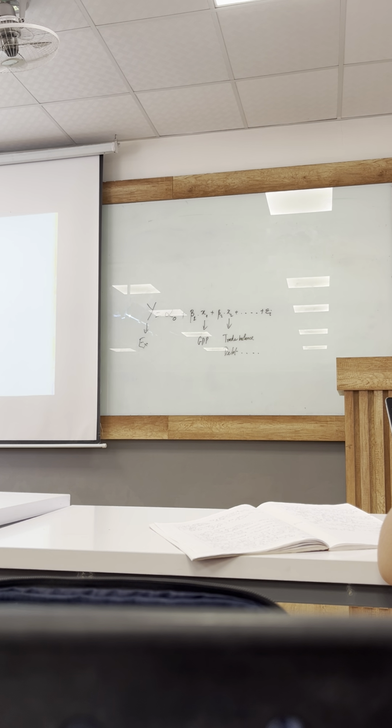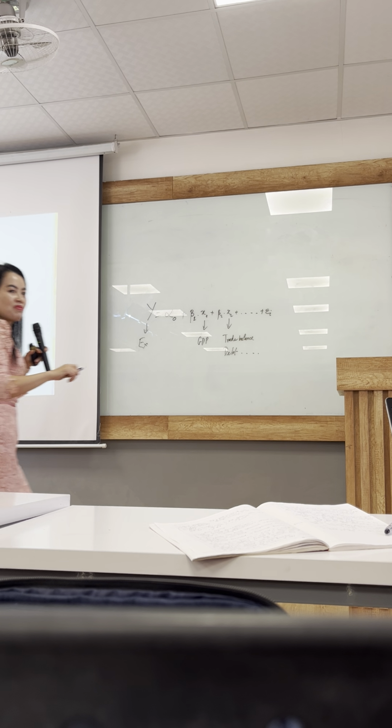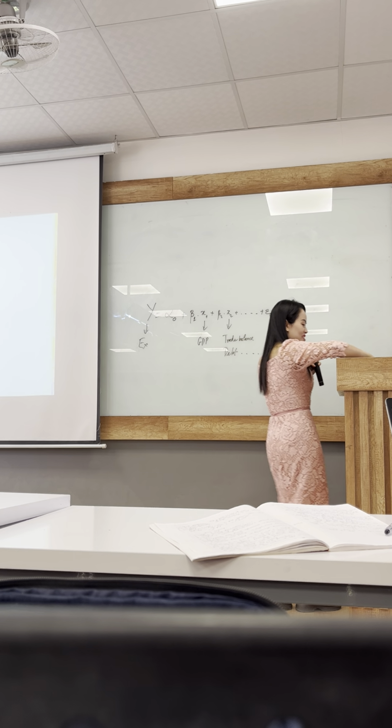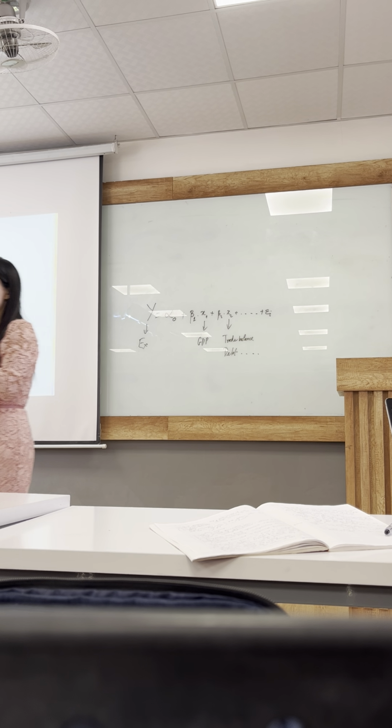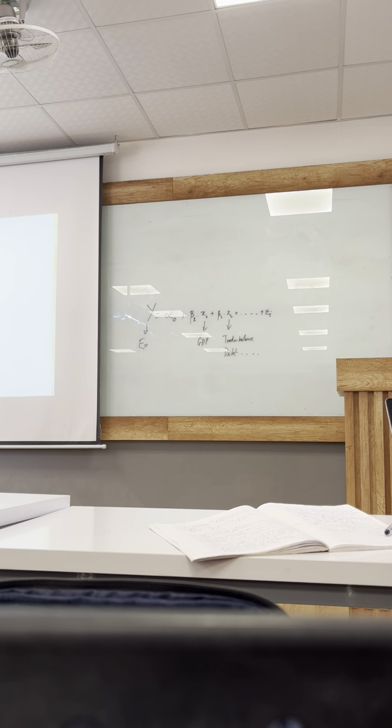But here I want to ask you: is there another way we can determine whether the currency is overvalued or undervalued? This is a very simple way, not complicated like that. Anyone?